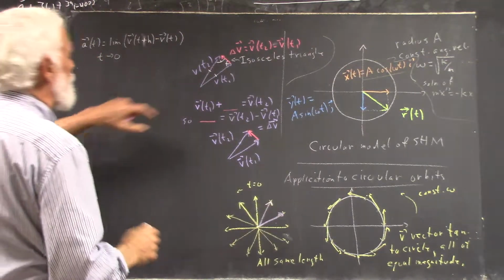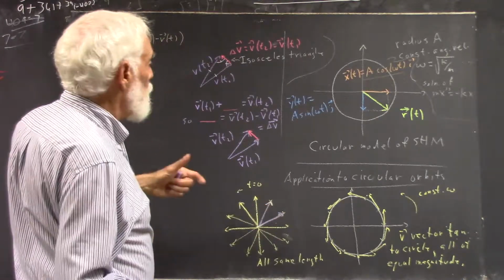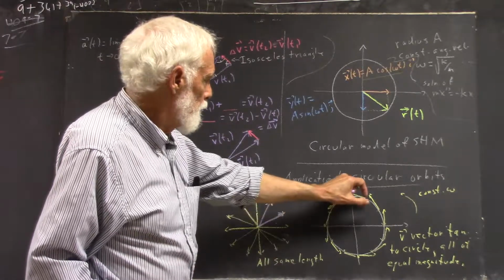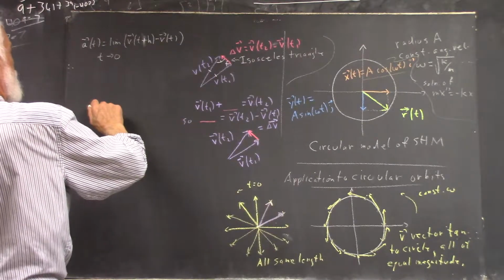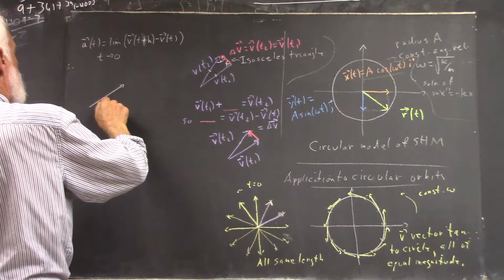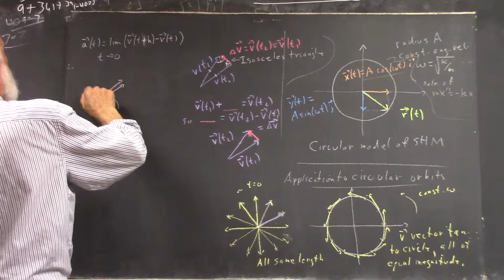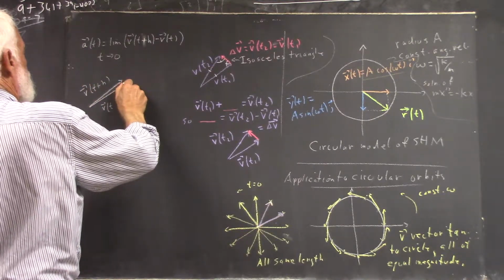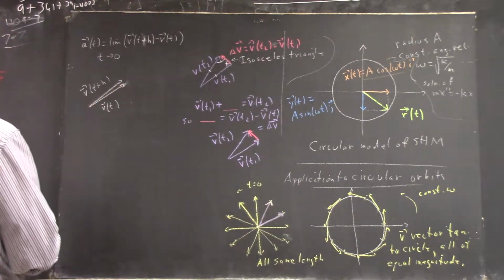Well, this triangle is supposed to represent these two velocities. If we want the velocity at this point, then we're going to have to use triangles that are much closer. In other words, our v of t might be here, and our v of t plus h for small h might be here. Let's extend that a little bit so the tips are kind of in the right orientation.